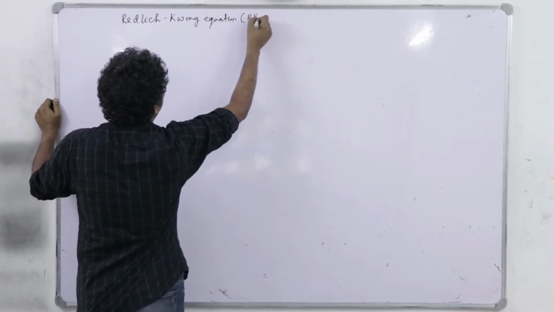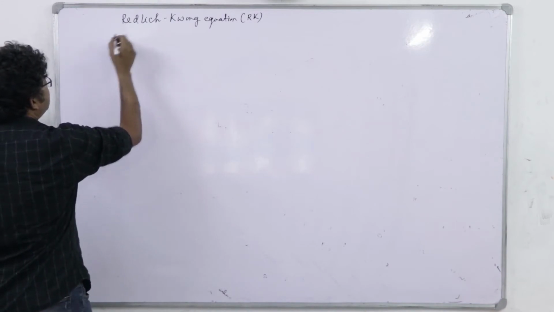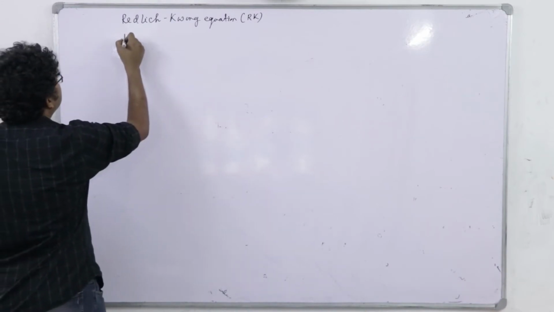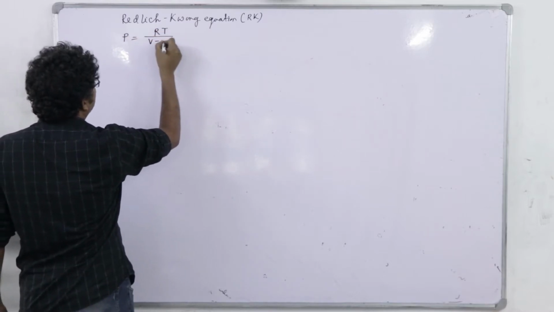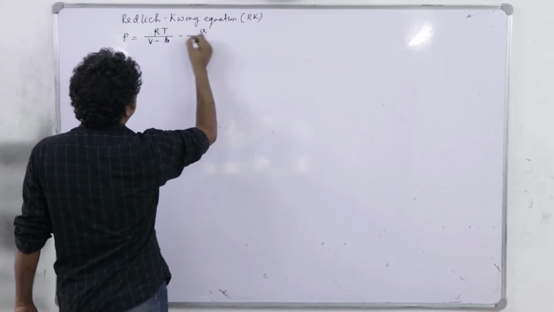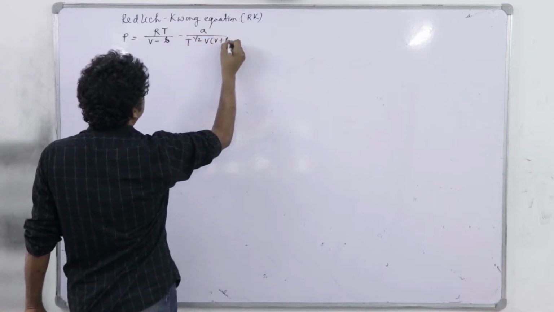Right, RK. We will not go into the derivation because it is beyond our scope. The Redlich-Kwong equation represents this cubic form as T to the power half, v into v plus b.